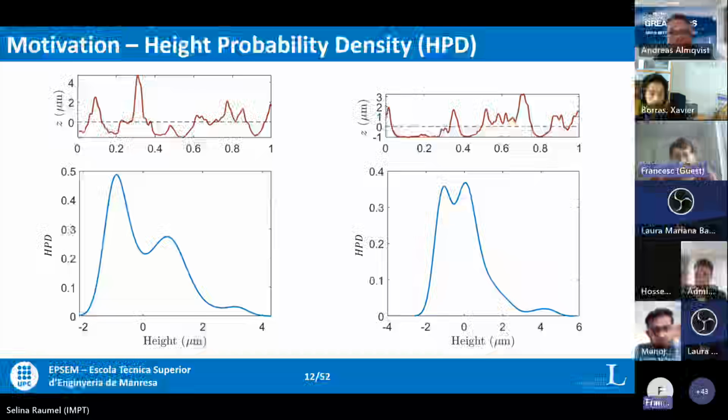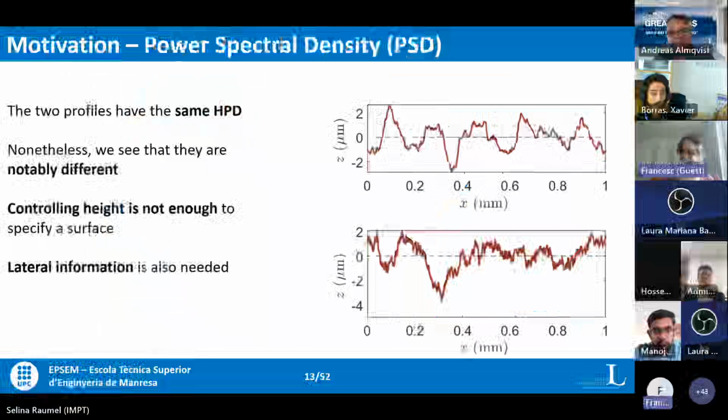Now, if we look at the high probability density, it's clear that they have a very different high probability density, and in particular, we have this higher part here that denotes deeper valleys and so on, and also these high peaks are quite different. So with that, we have characterized the height of our surface in full detail.